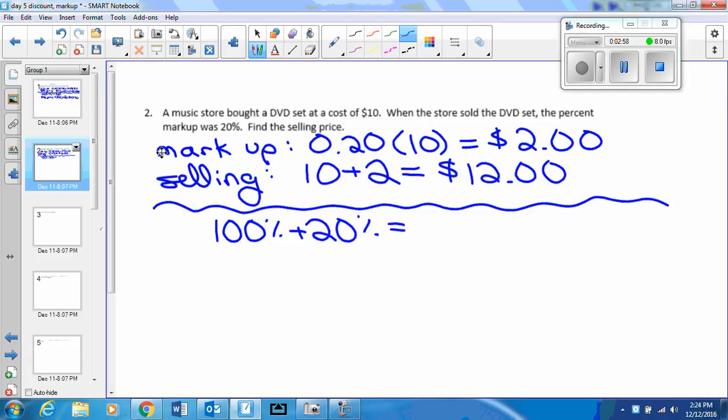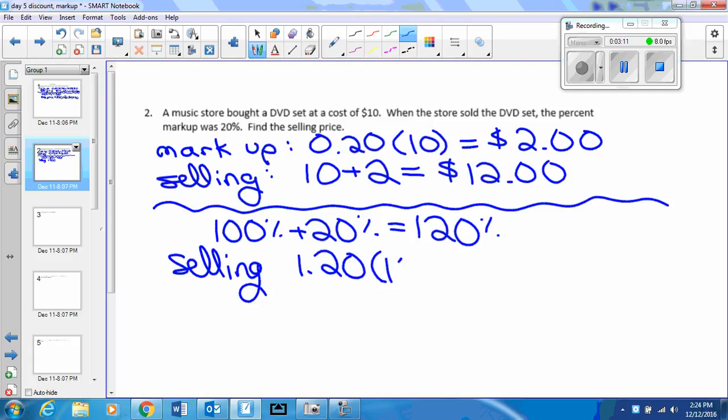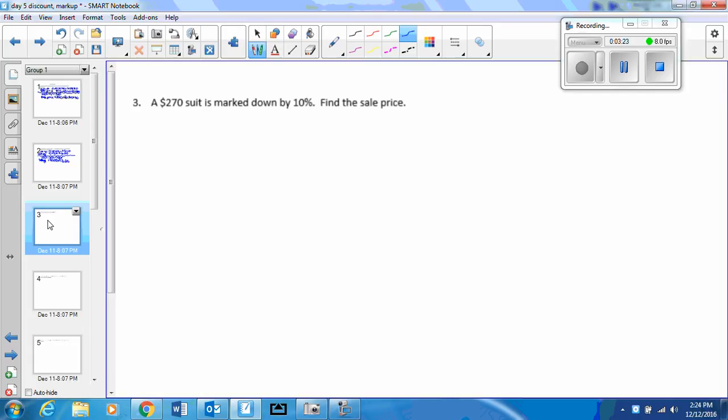So I add 120% as the price with the markup. Now to find the selling price, change that to a decimal, 1.20, times the wholesale price gives me the selling price is $12. Same answer, just arrived at using percents instead of adding the markup amount separately.